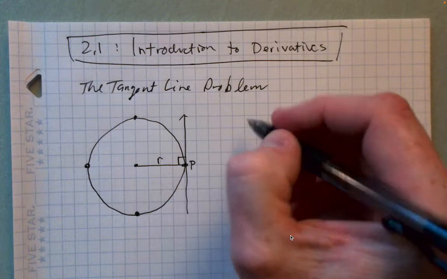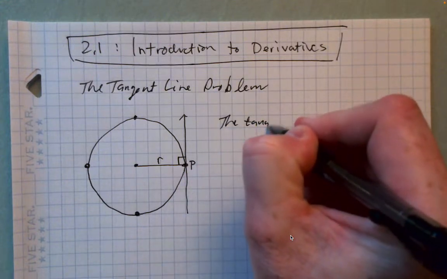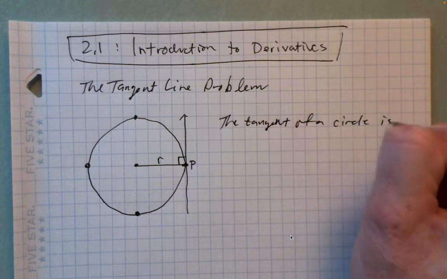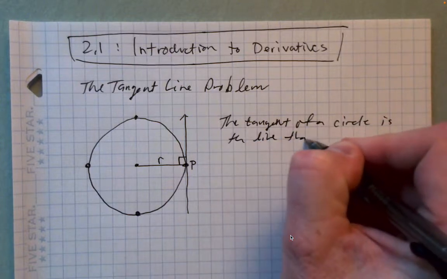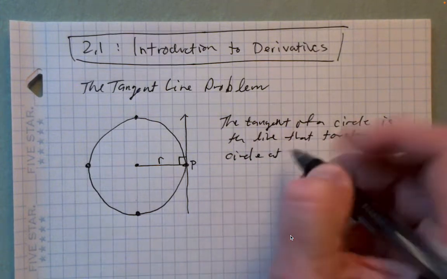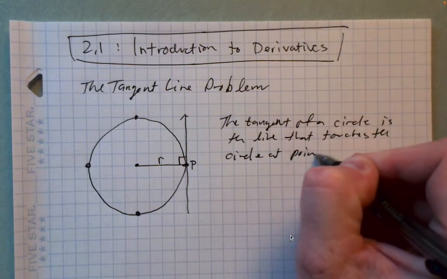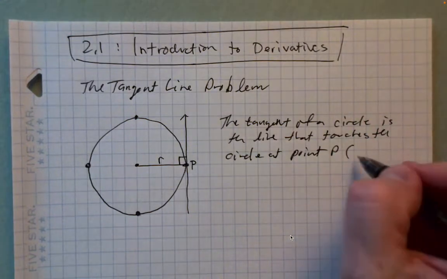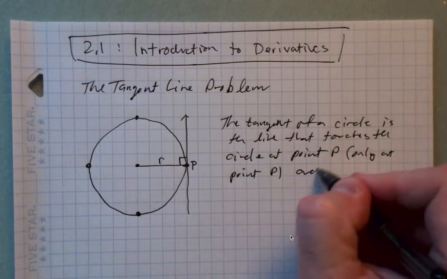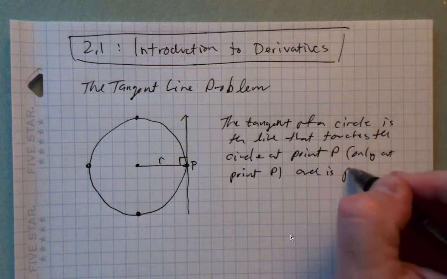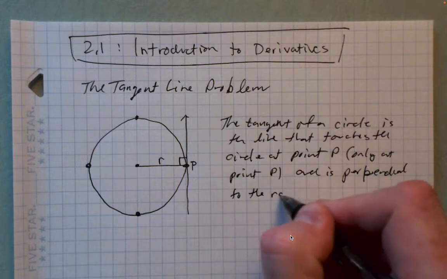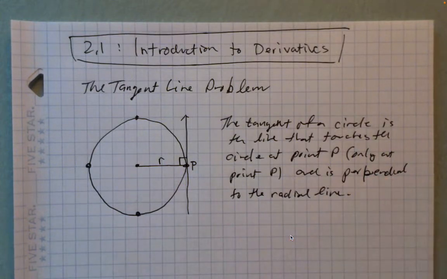Well, let me just be clear here: the tangent line of a circle is the line that touches the circle at point P. And we might technically say that only at point P. And it is perpendicular to the radius, the radial line. Okay, so that's what we've said.